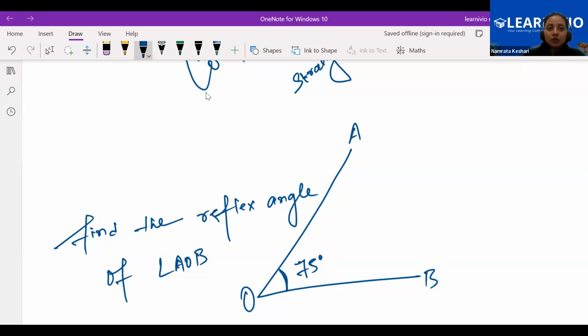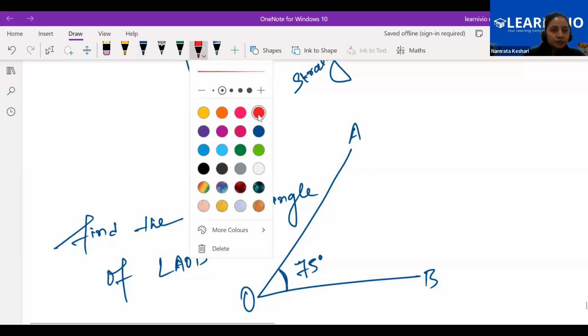The reflex of this AOB will be this angle. Let me show it to you.